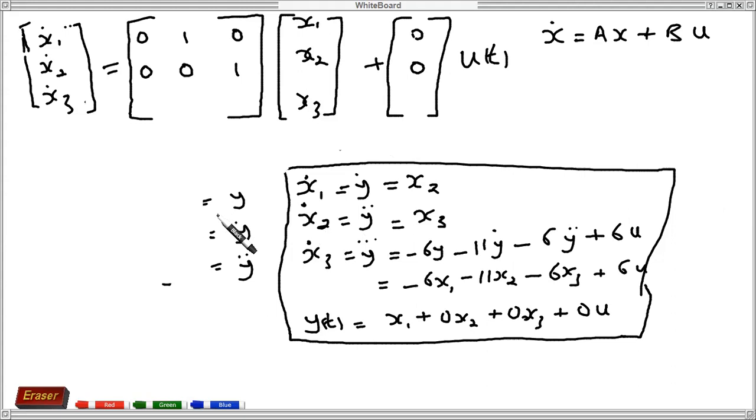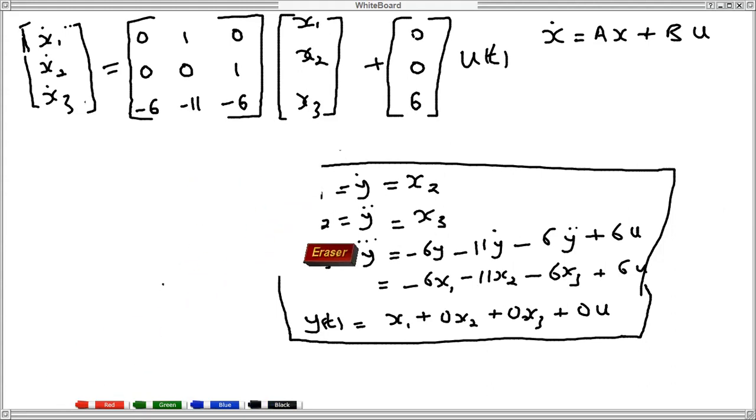Finally, our x3 derivative is negative 6x1, so we have negative 6, negative 11x2, so negative 11, and negative 6x3, so negative 6, plus 6u, and therefore its u value is 6. And this is our state equation.